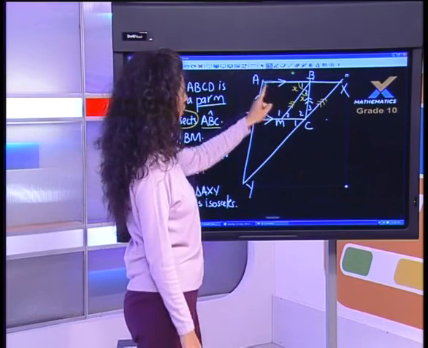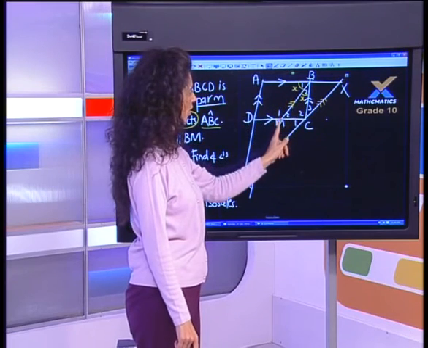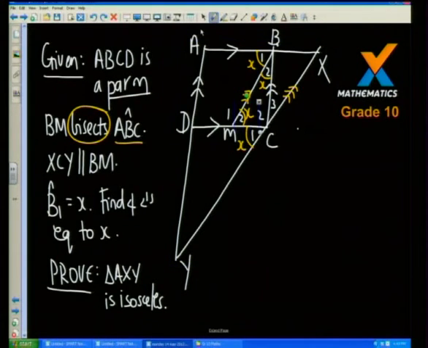Okay, so we've got lots of parallel lines floating around here, which means that if I take my transversal and go along to M2, this one's also equal to X. And now that M2 is sitting on that parallel, if I travel along its transversal all the way to C, then this angle is also equal to X. And if we look at that line parallel to that one, then that's my transversal right there.